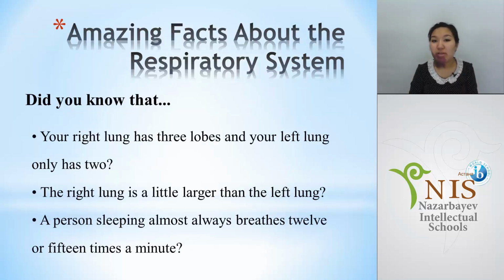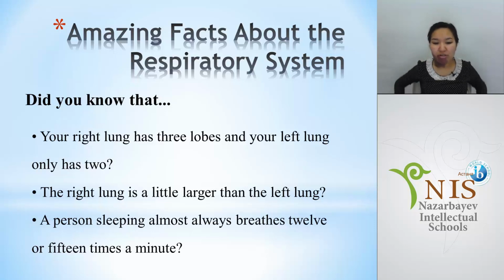Amazing facts about the respiratory system. Did you know about these things? First fact: your right lung has 3 lobes and your left lung has only 2. Did you know before? Next fact: the right lung is a little larger than the left lung. Did you know about this before?